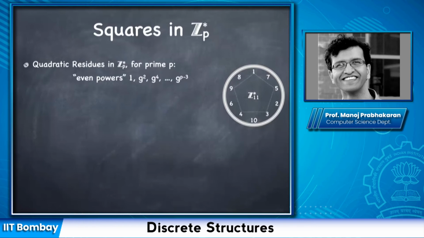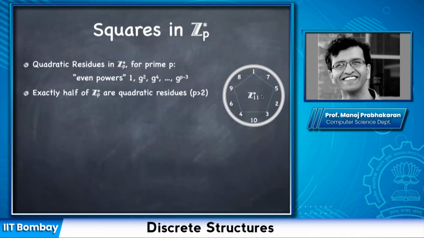I skip the odd powers, and what I'm left with are the even powers, and they are the quadratic residues modulo p. And what that tells you is that exactly half of them are quadratic residues.